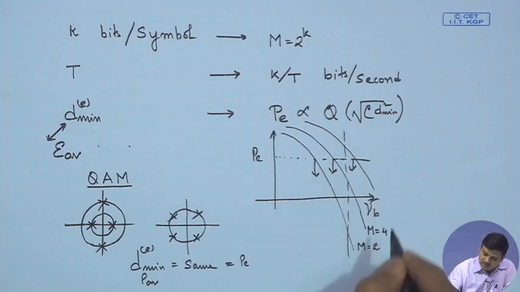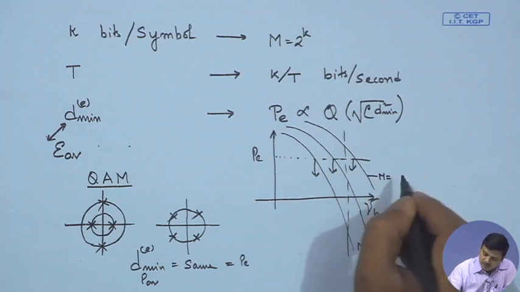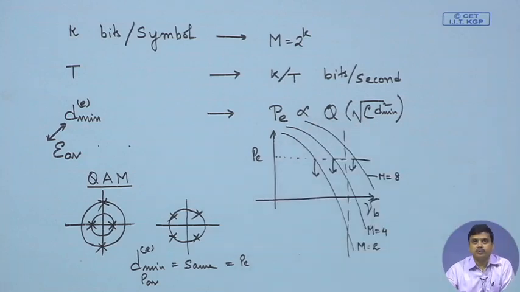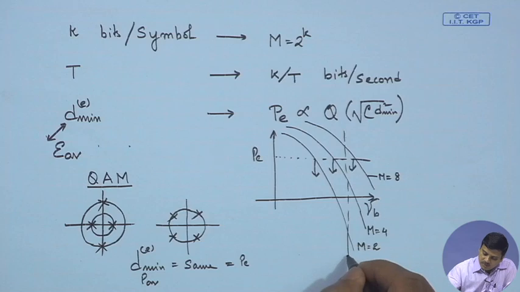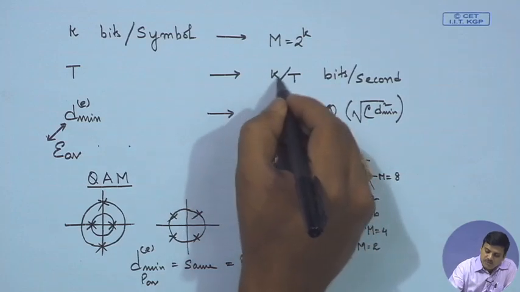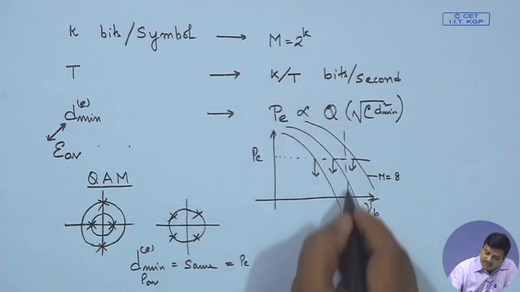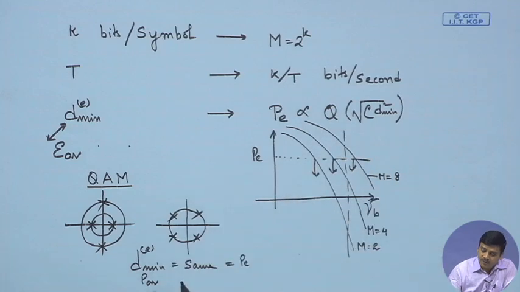So, this is M equals 4, this is let us say M equals 8 and 16 and so on and so forth. As we keep on increasing M, that means as we keep on increasing k, by keeping the same Eb by N naught, the probability of error increases.